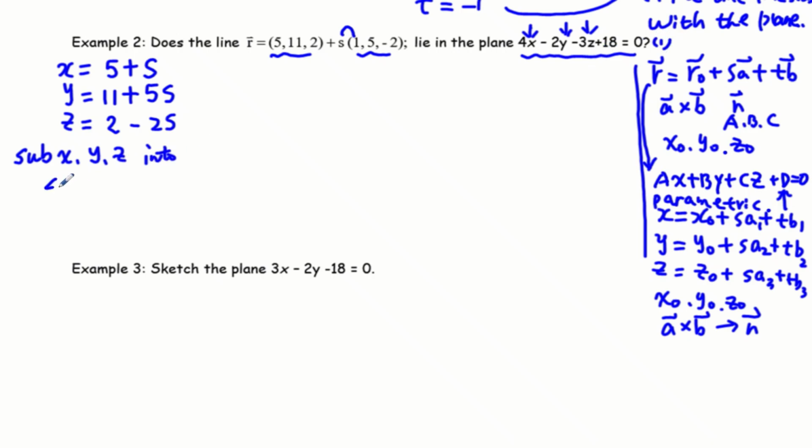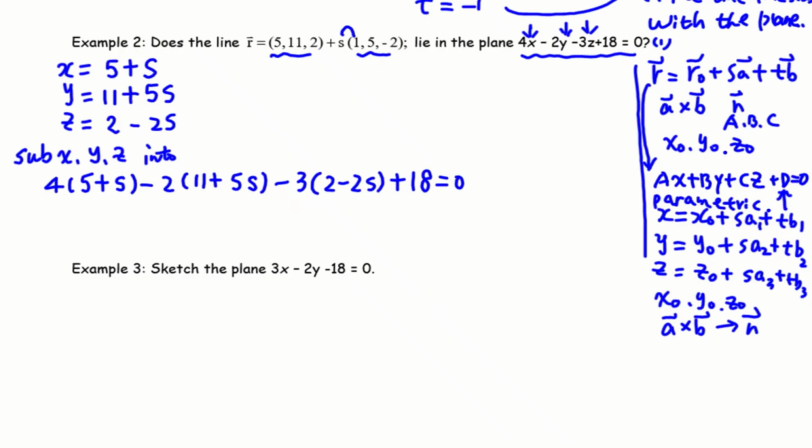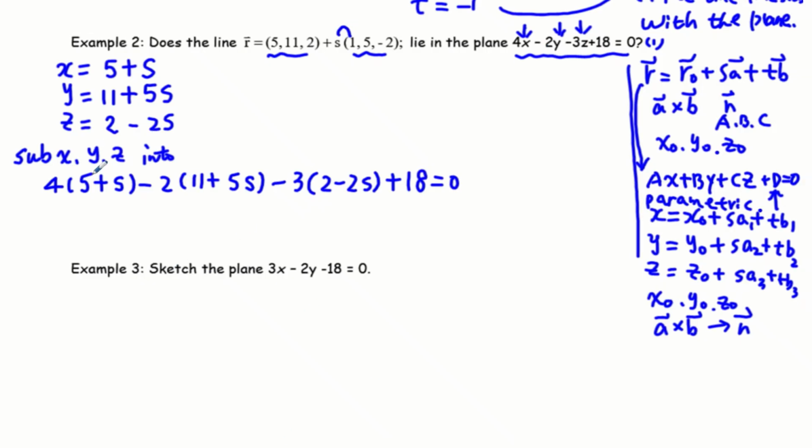We have 4 times (5 plus s) minus 2 times (11 plus 5s), then minus 3 times (2 minus 2s), plus 18 equals 0. So same thing, we don't want to see the bracket. We are going to expand the bracket in order to collect the like terms.